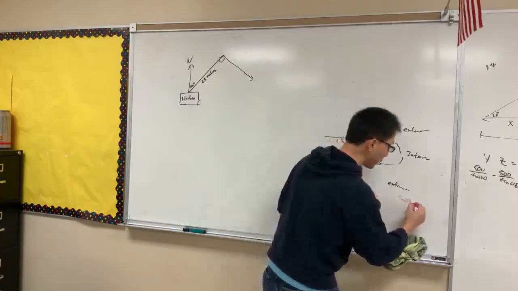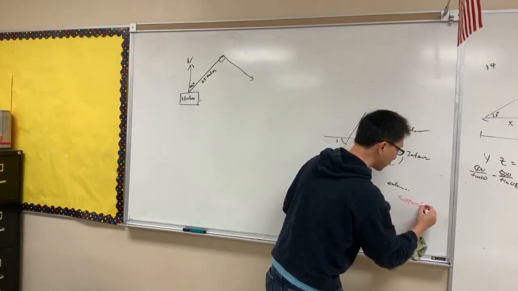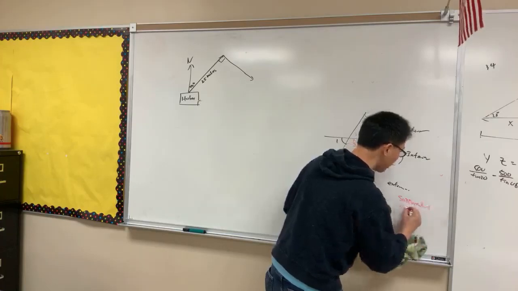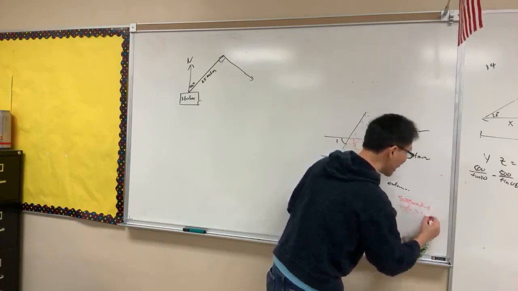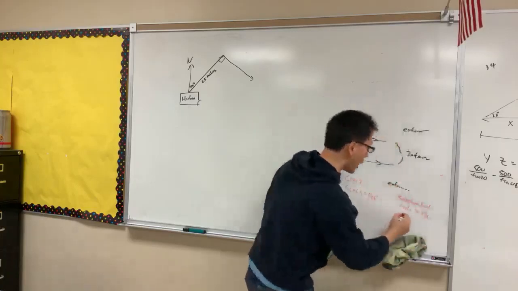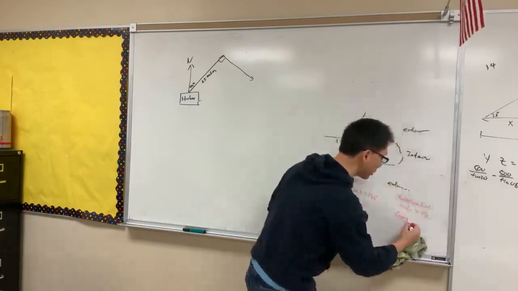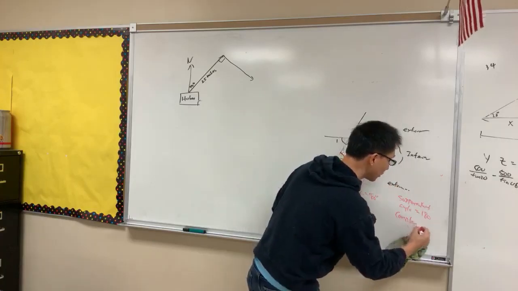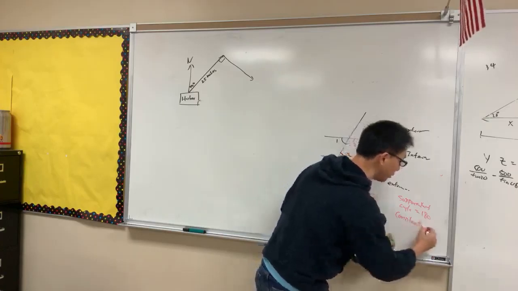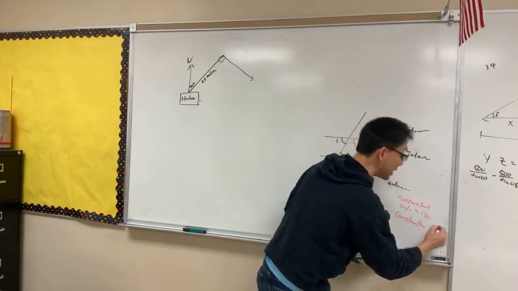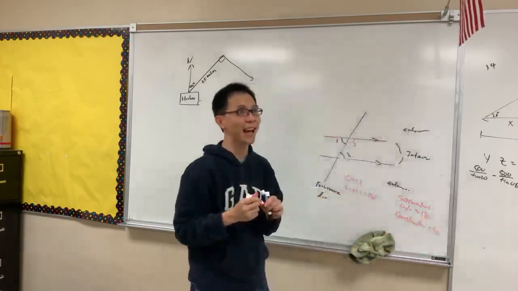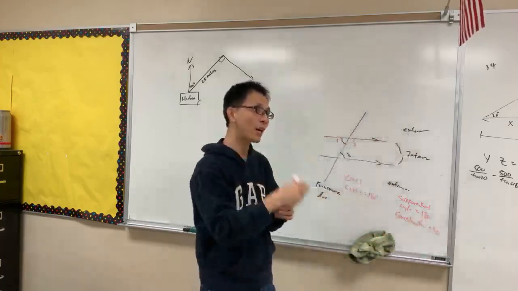A supplementary angle pair is equal to 180. A complementary angle pair is equal to 90. How do I know complementary is 90 and supplementary is 180?